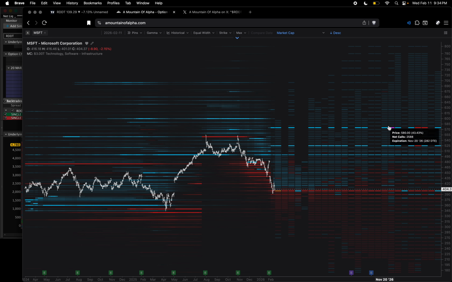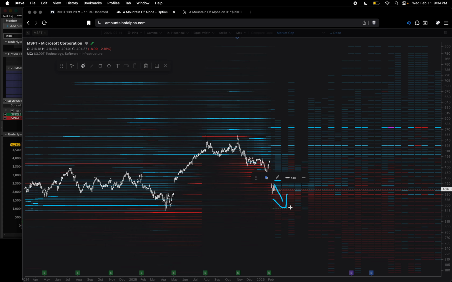Gamma, here we go. You have this longer dated call gamma, that's the largest one, and this upfront put gamma, which is short dated, in 2 days. What I've noticed is that this is directional. This is indicating directional downward movement. It's not support. I've never seen that before.